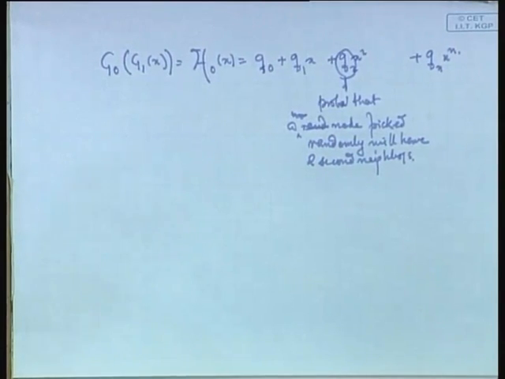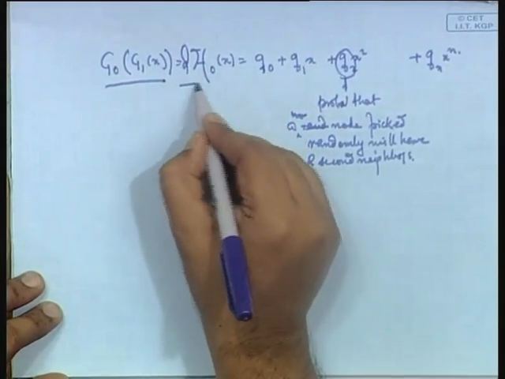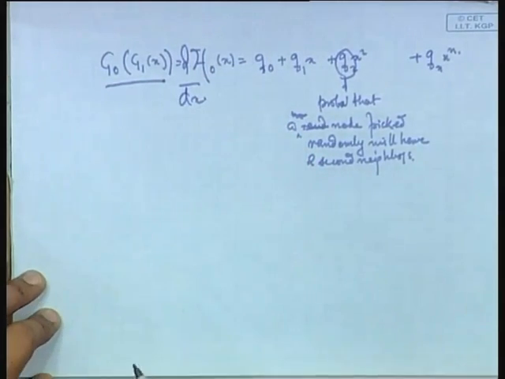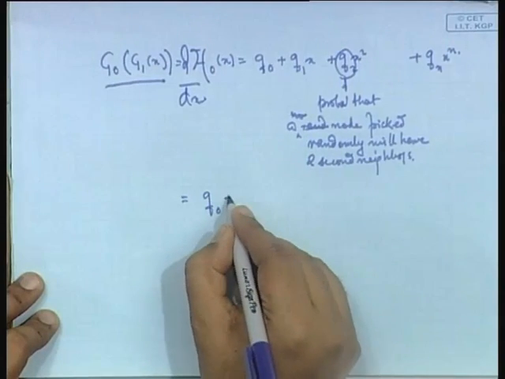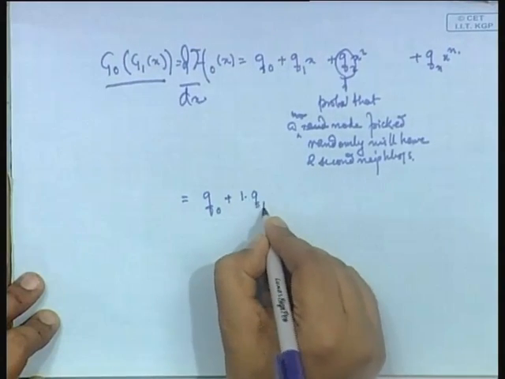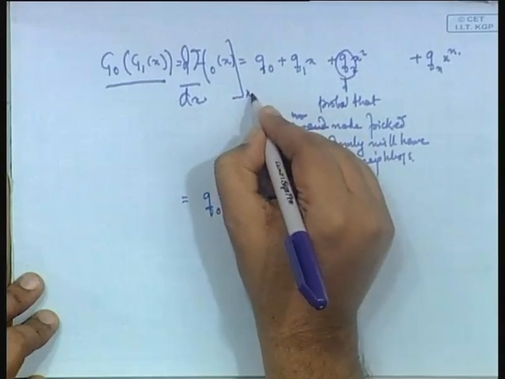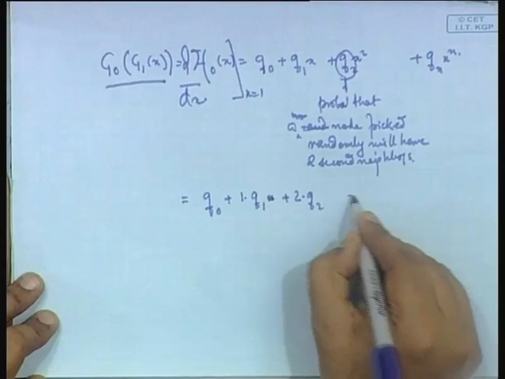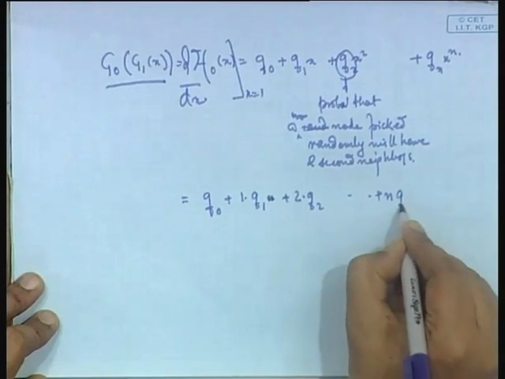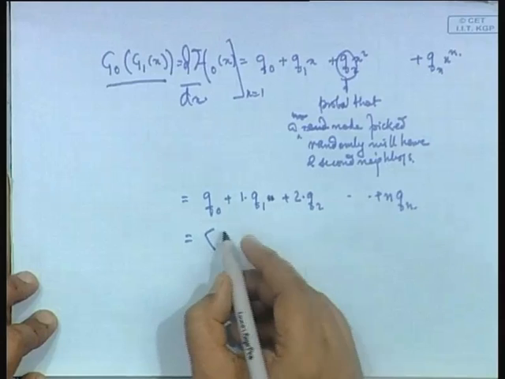Clear? So, what will this give basically? It will give Q0 plus 1 into Q1 x, and I say x is equal to 1. So, 1 into Q1 plus 2 into Q2 plus n into Qn, which is basically the average.